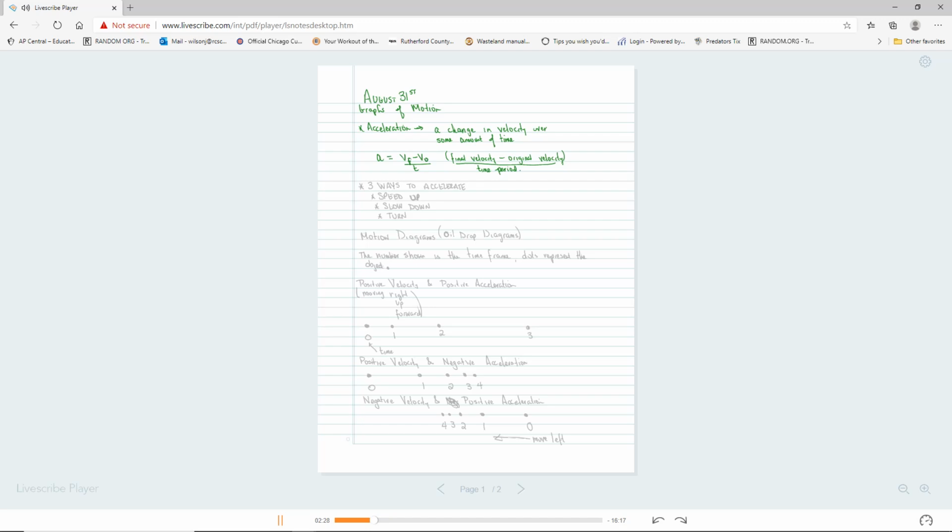So we're going to learn how to do 4 basic types of graphs. The first one is motion diagrams, and then we'll do position time graphs, velocity time graphs, and acceleration time graphs, because all that stuff varies with time.